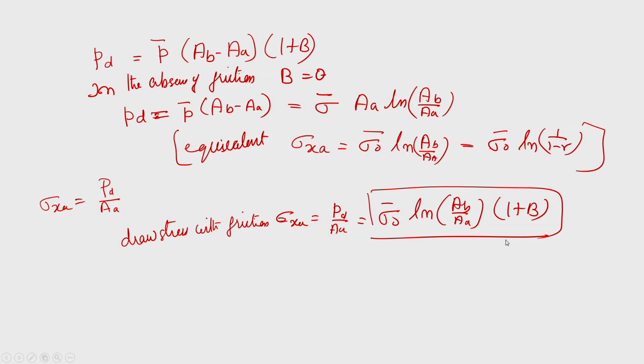So, it is more or less similar to that case. Okay. So, that is the biggest advantage you are getting. In both cases, if you use this also, you are getting a similar type of relationship for the drawing of the wires. Okay.